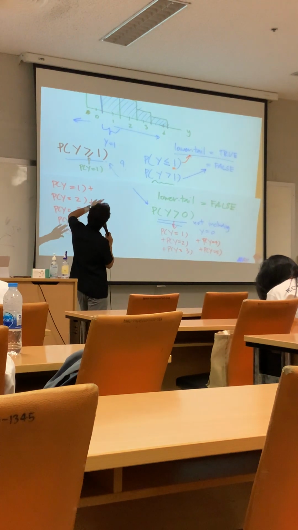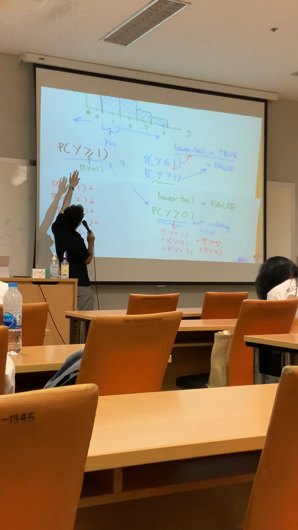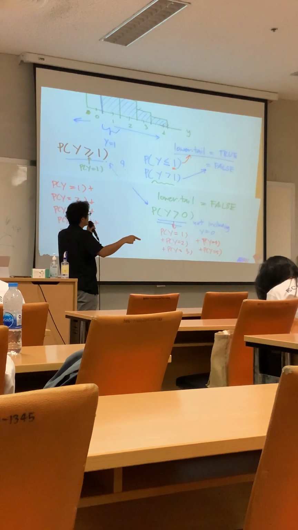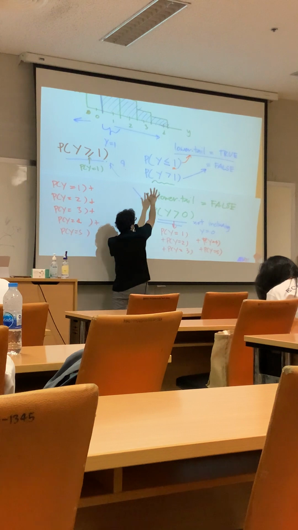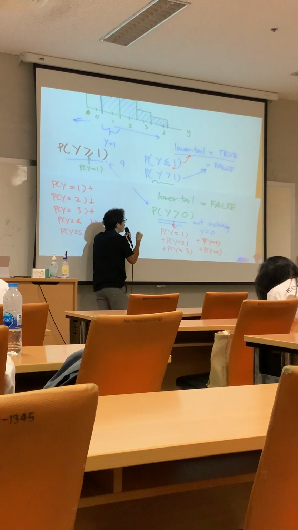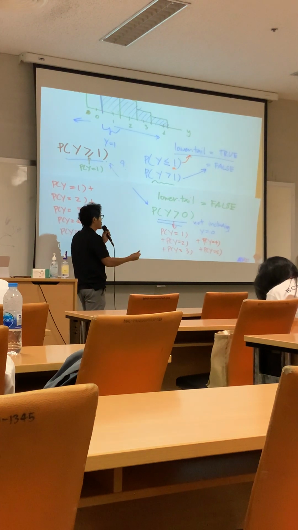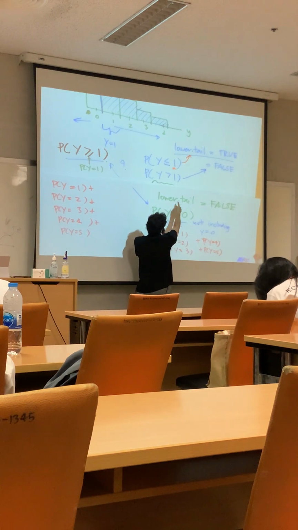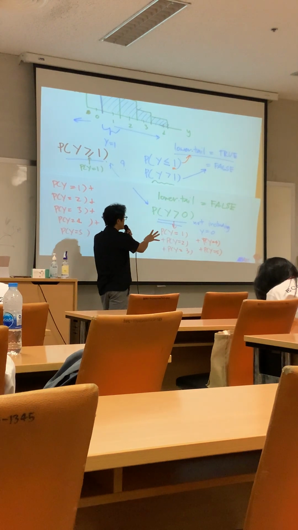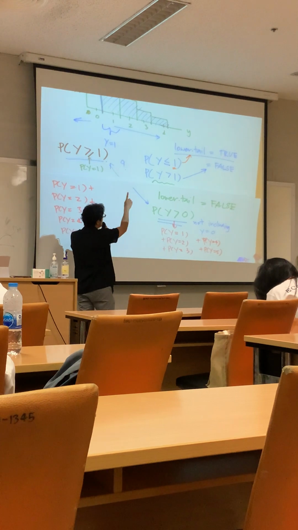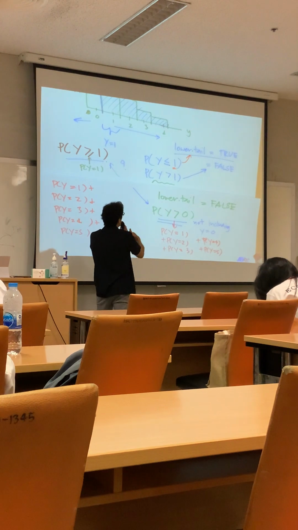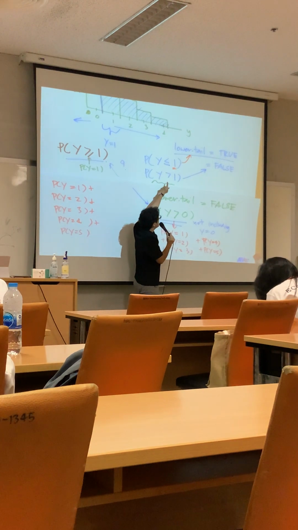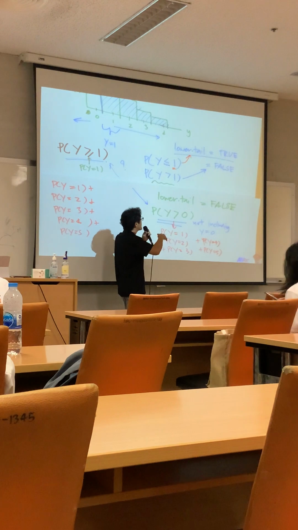Now, what we want is y greater or equal to 1. So you have to figure out, this is what I want, and this is how R is calculated. So what do we have to put? Do we have to put 0 or 1? You have to realize that if I put 1 and lower tail to be false, it will calculate only y greater than 1, but not include y equal to 1.